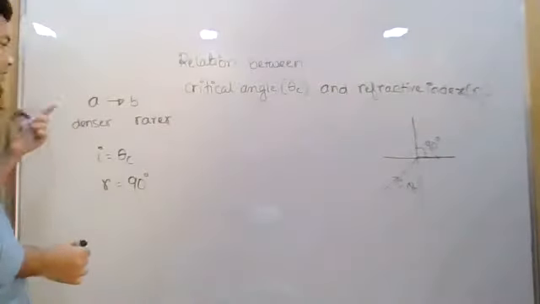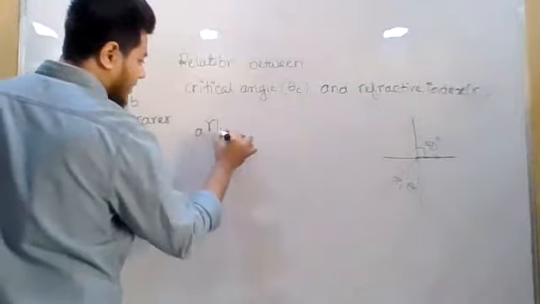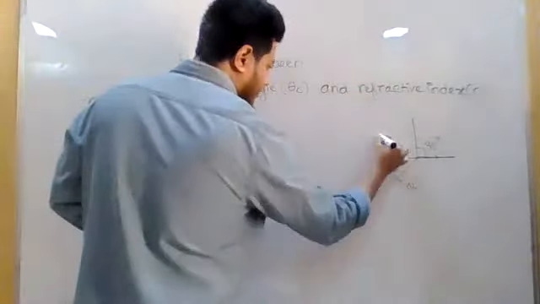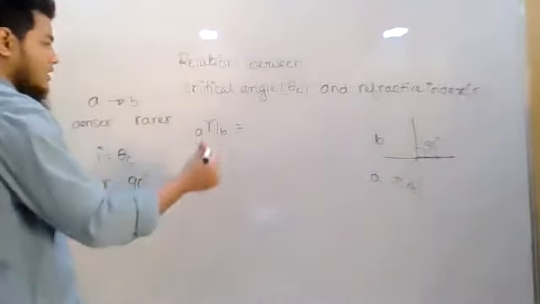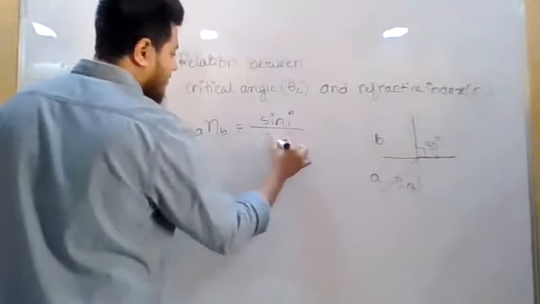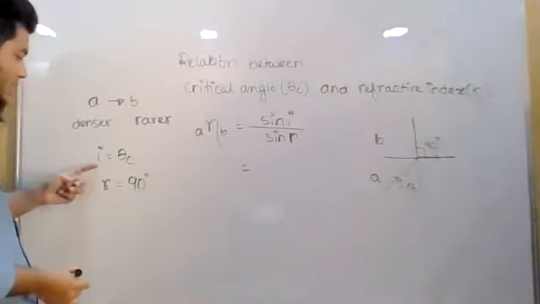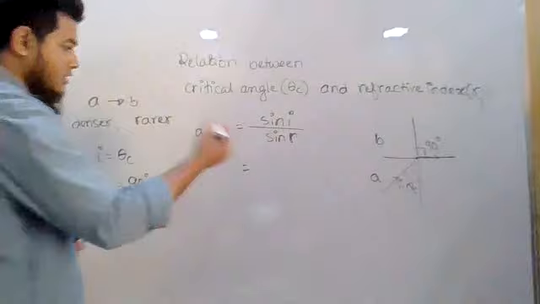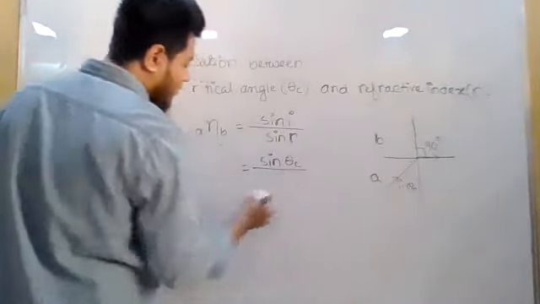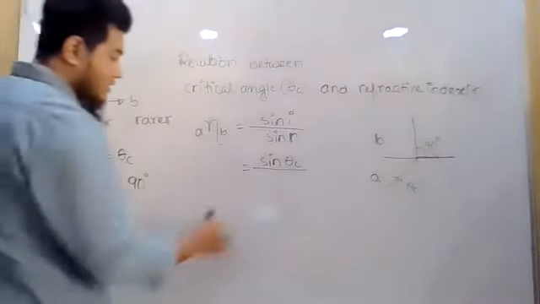If I want to find out the refractive index A eta B, light is going from A to B, right? This is A medium, this is B medium. So A eta B is equal to sine I divided by sine R. In case of critical angle, the incident angle becomes equal to the critical angle, and the refraction angle R becomes 90 degree.